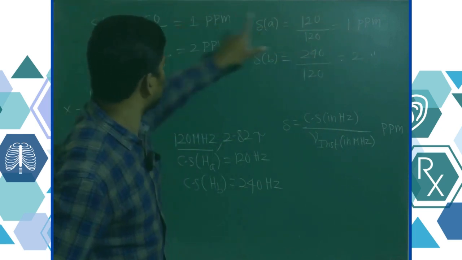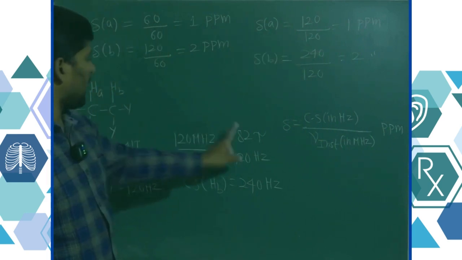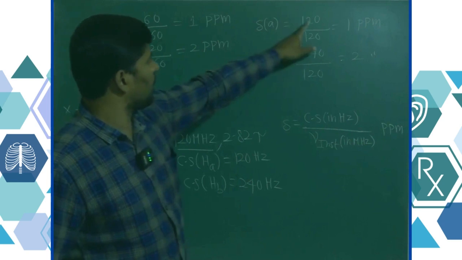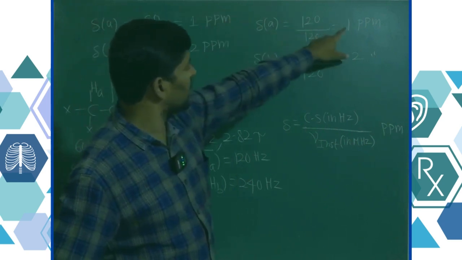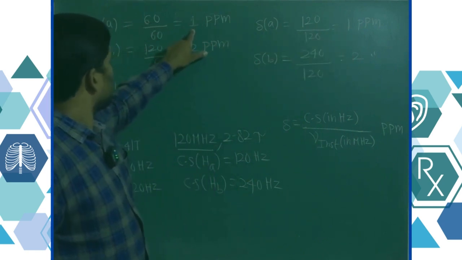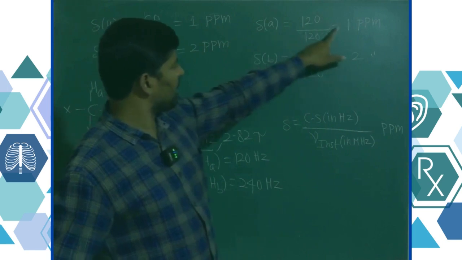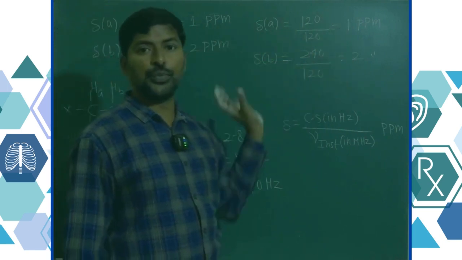Chemical shifts in hertz are different. Whenever instrument frequency is doubled or magnetic field is doubled, the chemical shift is doubled in Hz. But is there any change in the ppm scale or not? No change. Chemical shift of A in ppm is always 1 ppm. Chemical shift of B is always 2 ppm.